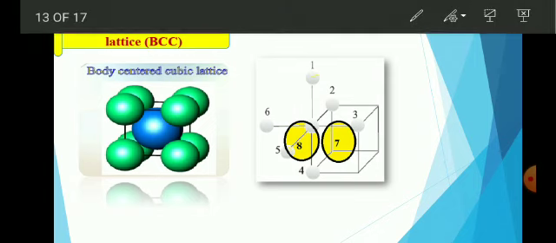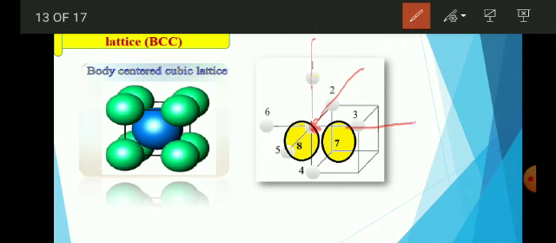Here in body centered, the corner atom is near to 6 atoms along the x, y, z axes, and 1 atom present inside the body of the unit cell, and the second atom of the body centered unit cell of the other unit.